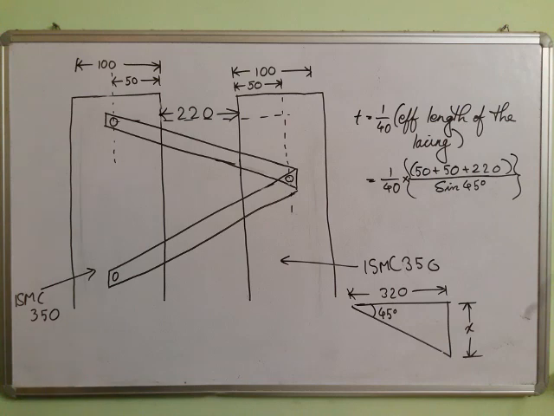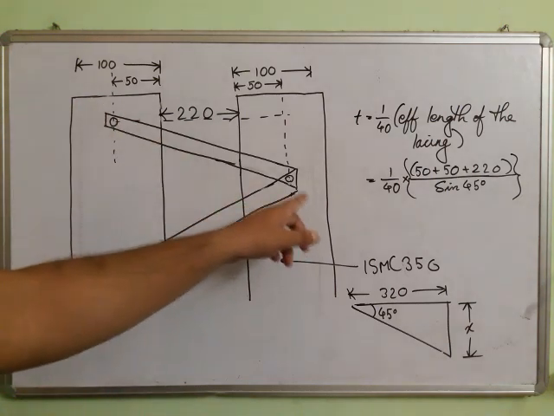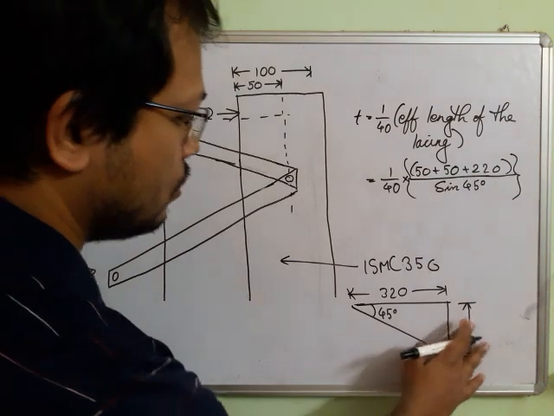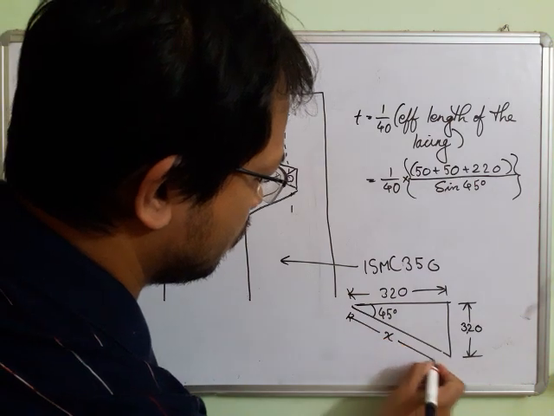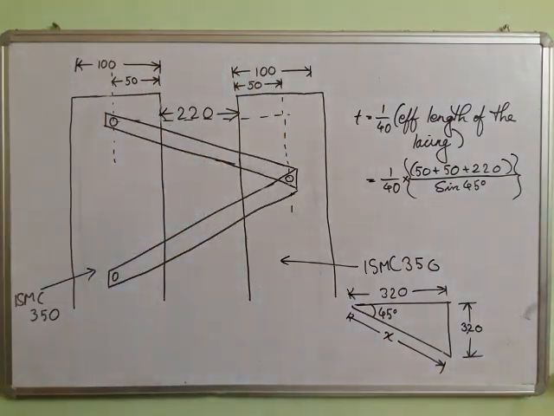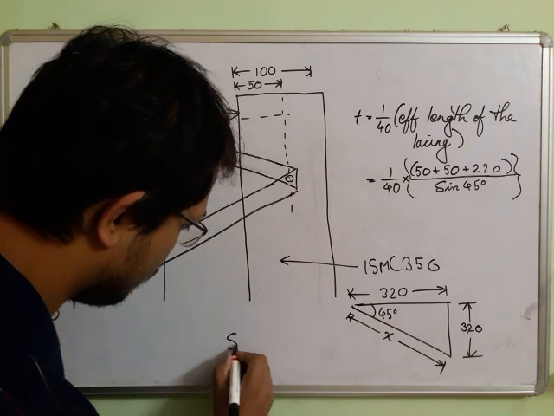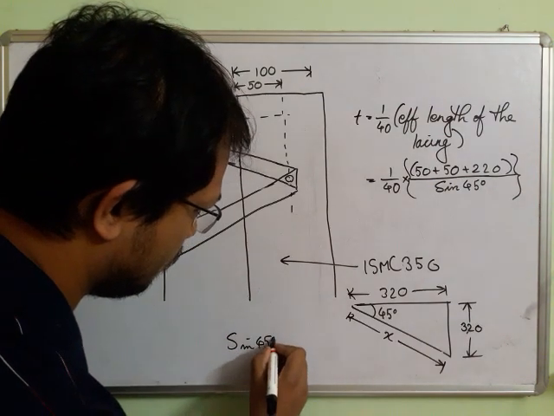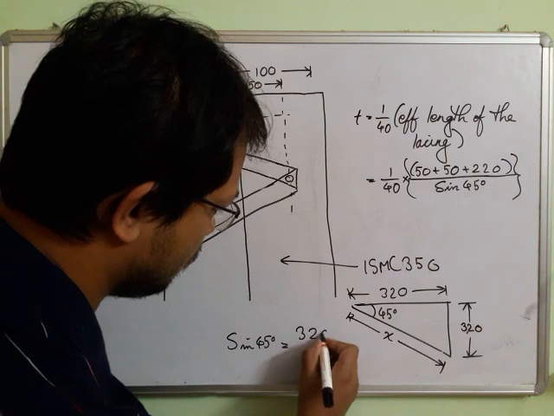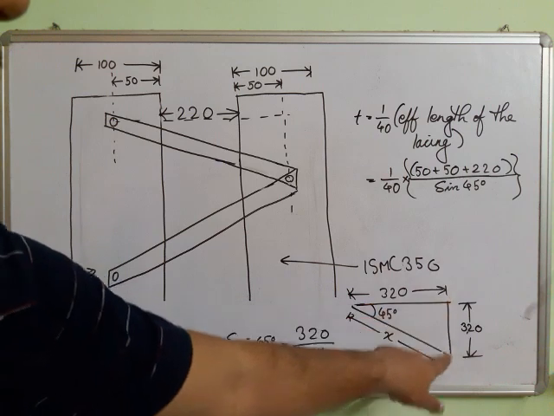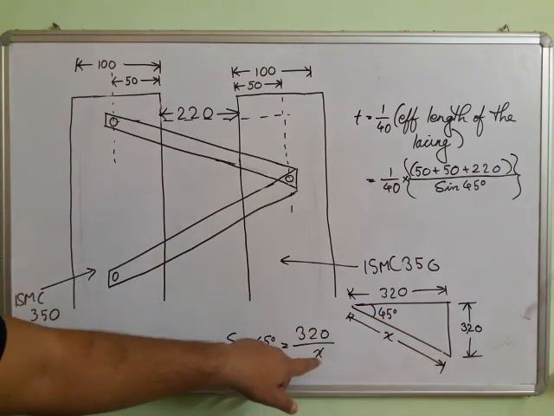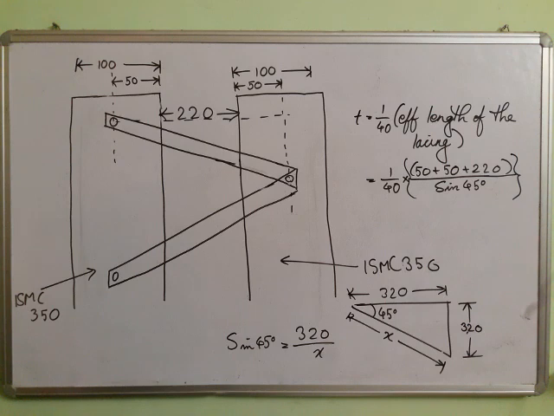So we wanted to find out the length. We got this one as 320, and for x we used trigonometry. Sine 45 degree is equal to perpendicular by hypotenuse, 320 by x, so x equal to 320 by sine 45.